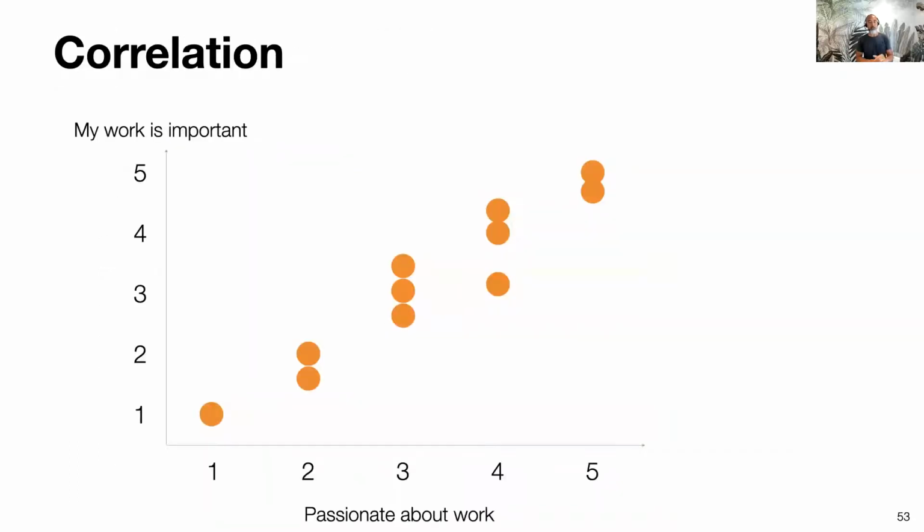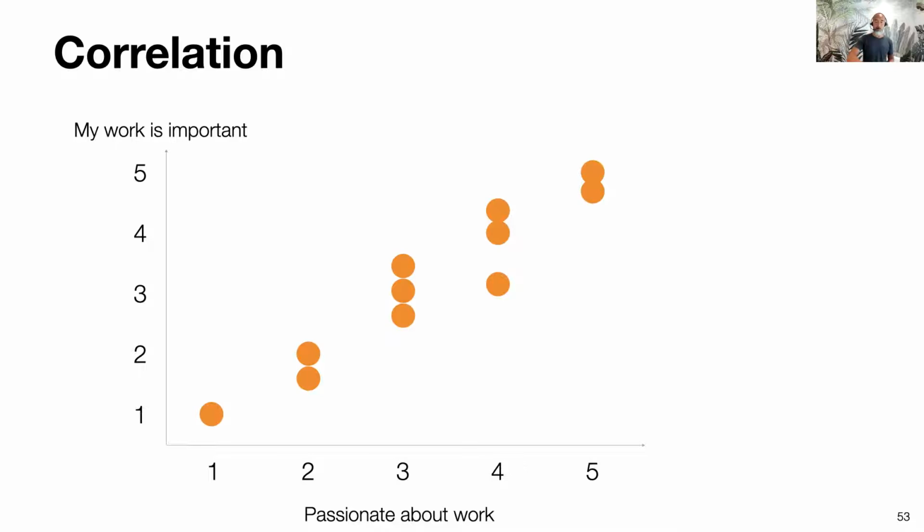Correlation is easy to understand when you visualize it. One question is on the x-axis, another question is on the y-axis, and each dot represents a person or respondent. When you visualize something like this, you can clearly see that people who scored 5 on "passionate about work" also scored 5 or close to 5 on "my work is important."